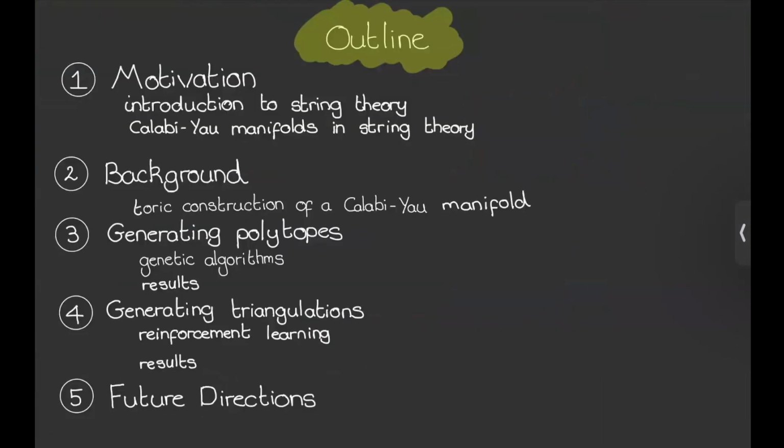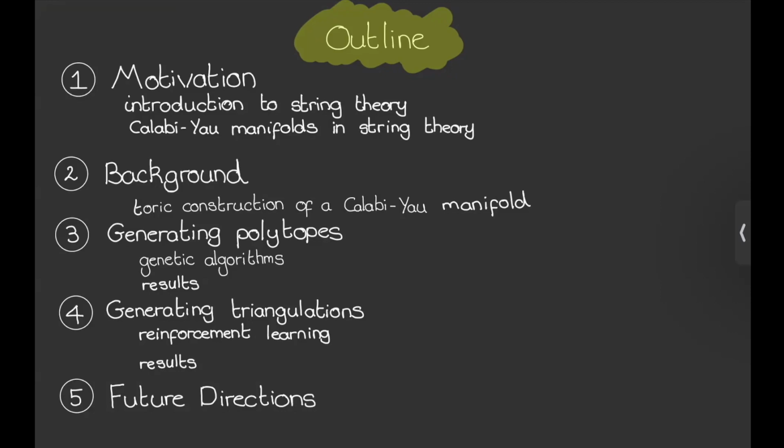So a quick outline of the talk. I understand this is more of a maths and machine learning community. So first of all, I'll introduce string theory very quickly and explain why we care about Calabi-Yau manifolds in string theory. Then I'll move on to more of the mathematical background and explain how we can construct a Calabi-Yau manifold as a hypersurface in a toric variety. Then I'll talk about the results in two parts.